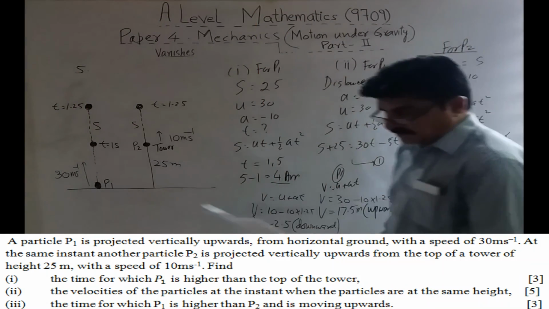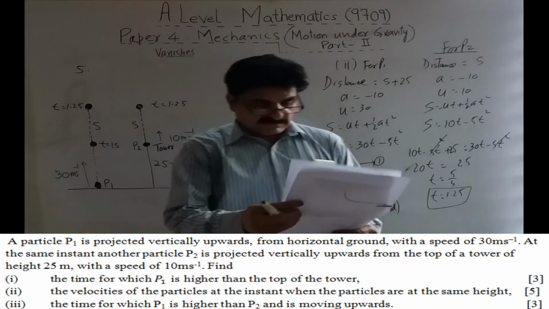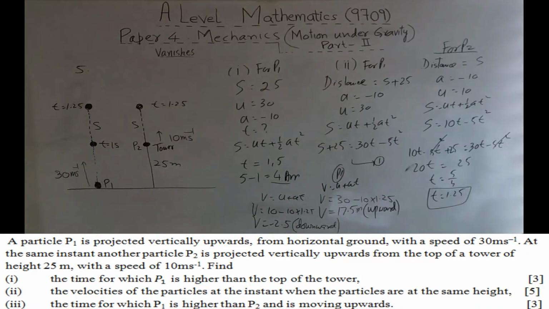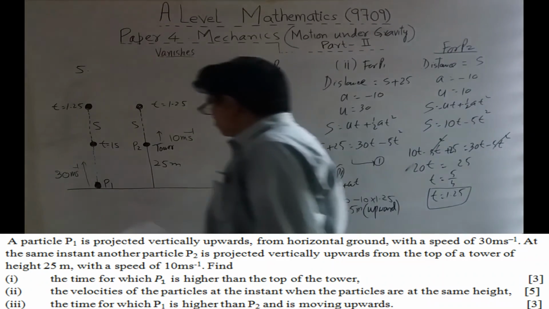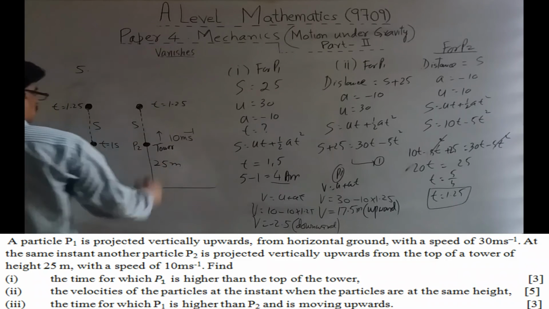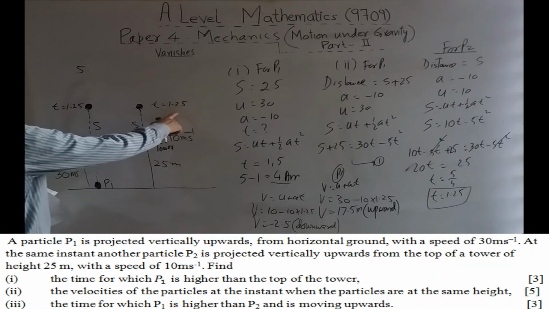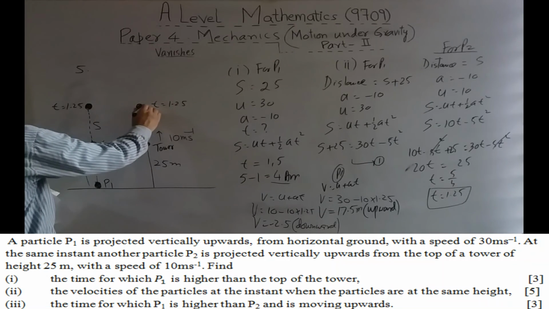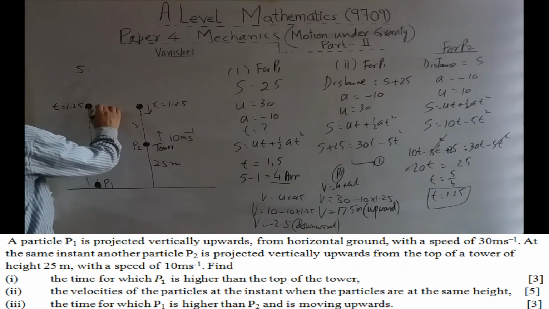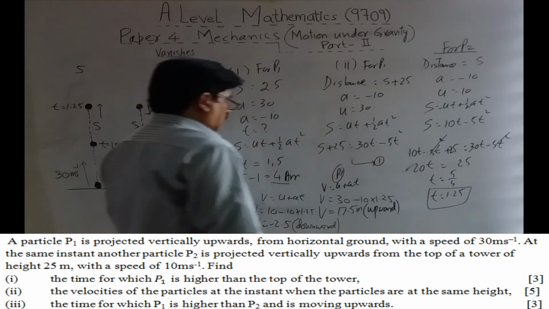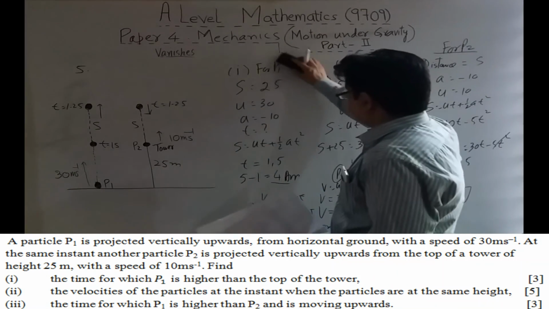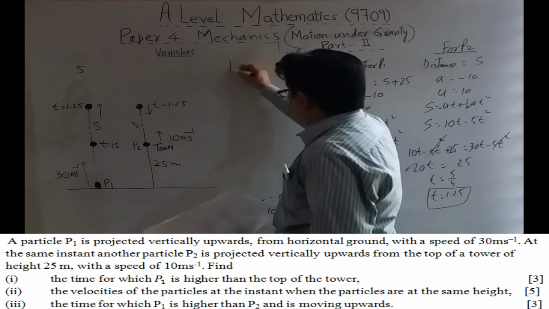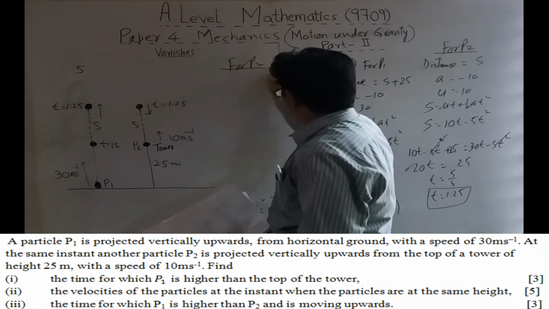Last part: the time for which P1 is higher than P2 and moving upwards. We have found many quantities. Now we have seen that at 1.25 second, P2 will be coming back. We can calculate one more quantity to understand the situation for P2.